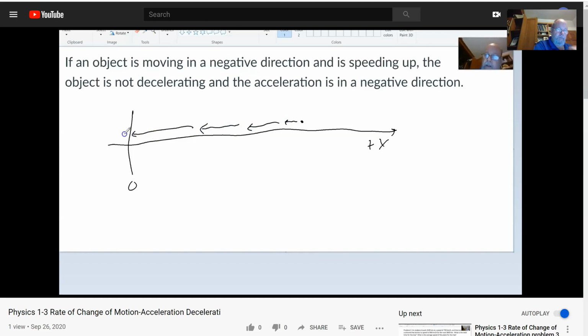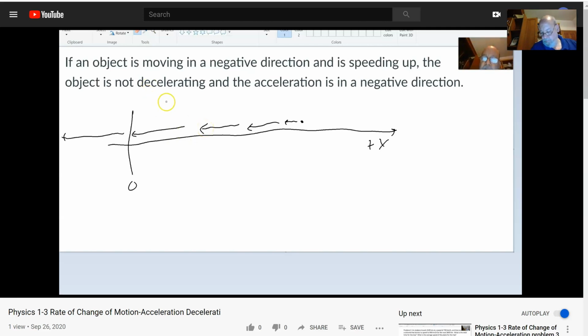So obviously it's not slowing down, it's speeding up just in a negative direction.